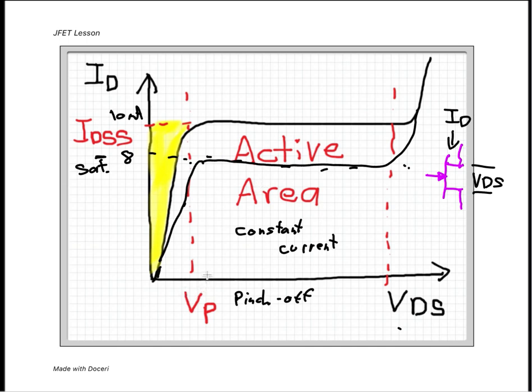But then this VP is at a different voltage because these two intersection points are different. Does it matter? If you're designing it, it does. But basically, you can have the current be constant at different current levels, and it's only saturated when the current is at IDSS. That's the maximum point.